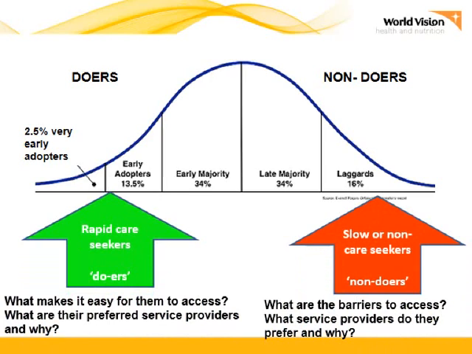And the 2 questions that we typically use: for people who do a particular behaviour, we investigate what makes it easier for them to access that practice, and we can also ask them about their preferred service providers and why. For the slow or non-care seekers, or non-doers, we ask what makes it difficult, what the barriers are for them to access, and what service providers they use.